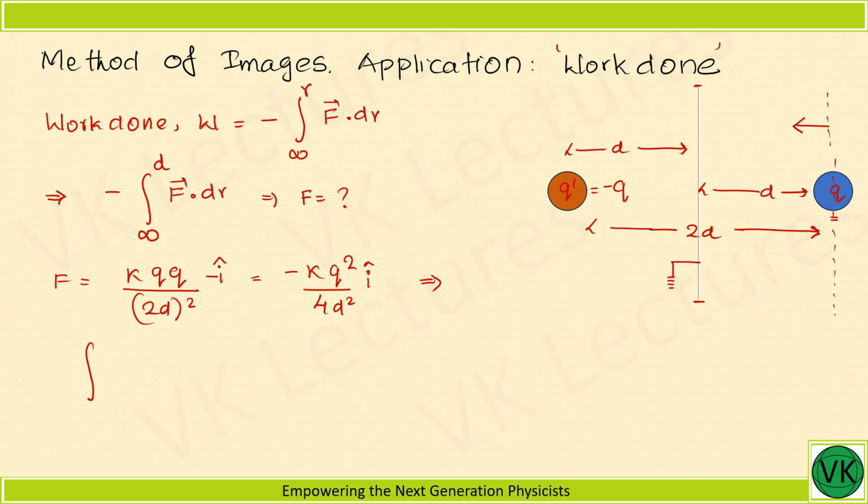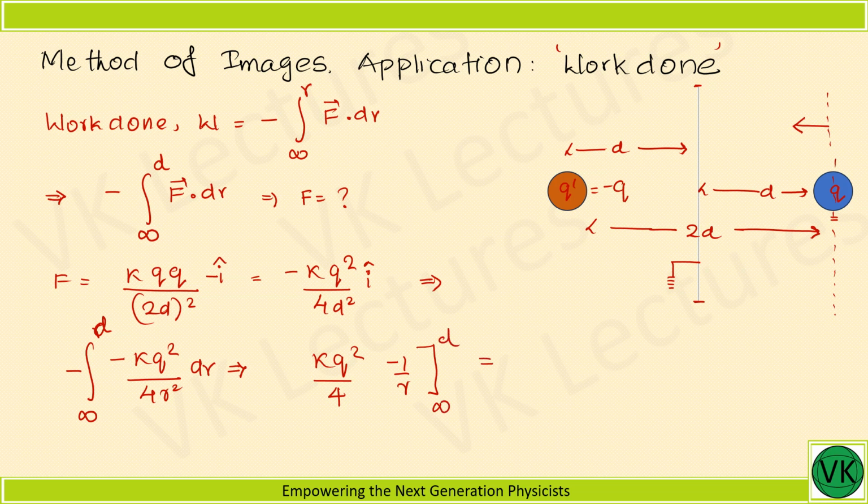The work done is minus of minus the integral from infinity to d of minus kq square by 4r square dr. So that's equal to kq square divided by 4 into minus 1 by r, moving from infinity to d.